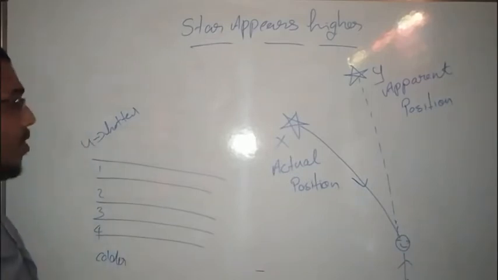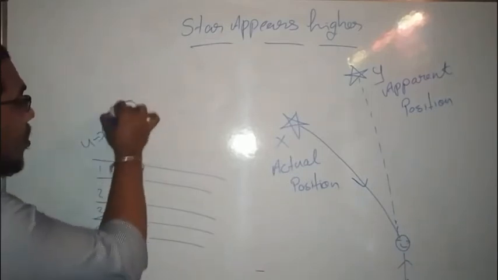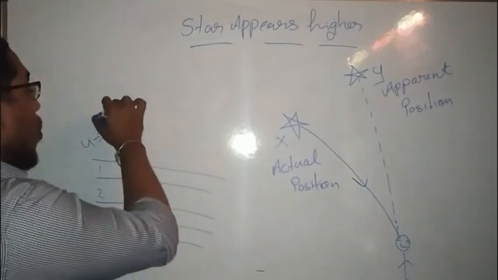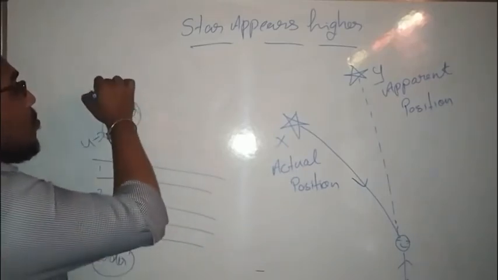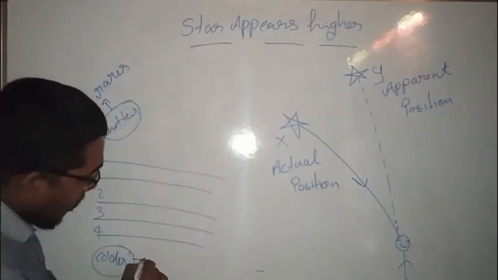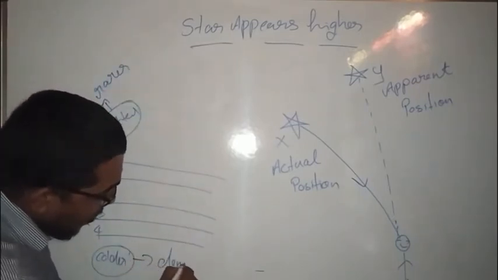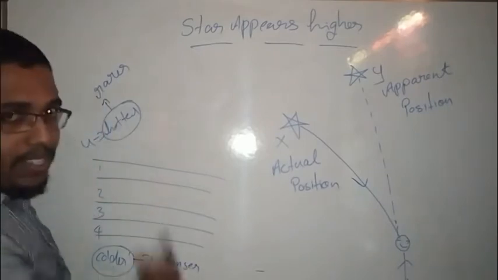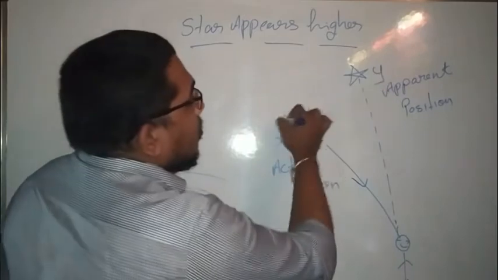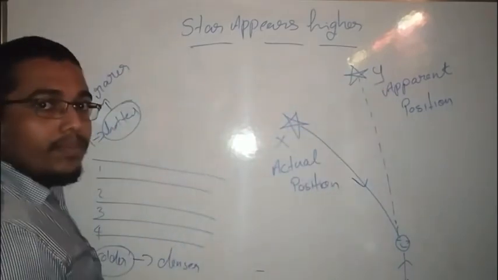So the upper atmosphere is optically rarer medium, and the lower atmosphere is optically denser medium. We already discussed all these points, and because of the same reason, things are happening like this.